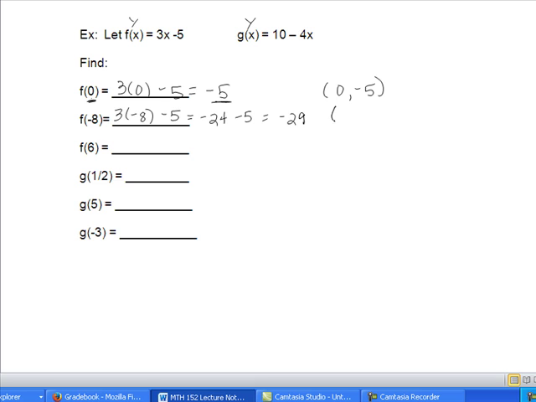All right, g of 1/2, I'd have 10 minus 4 times 1/2. 4 times 1/2 is 2. g of 5, so that's 10 minus 20, which is negative 10. g of negative 3 would be 10 plus 12, which would be 22.